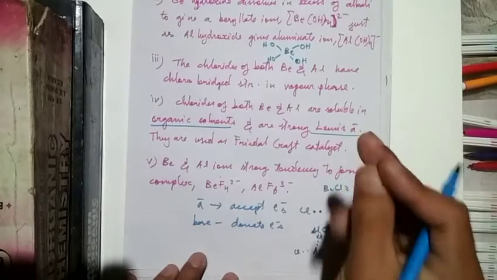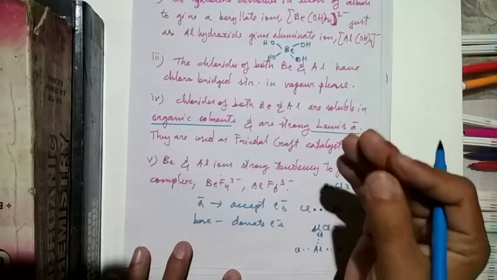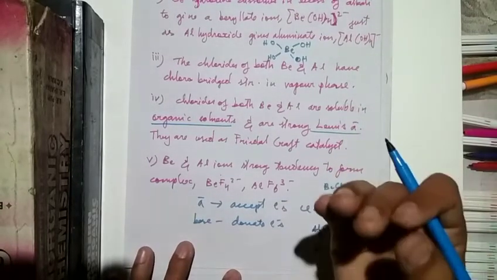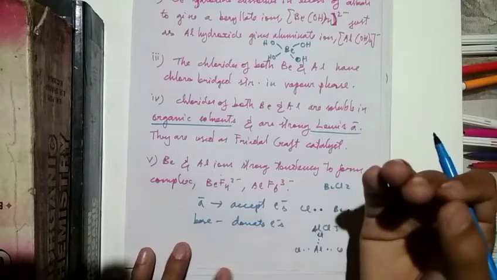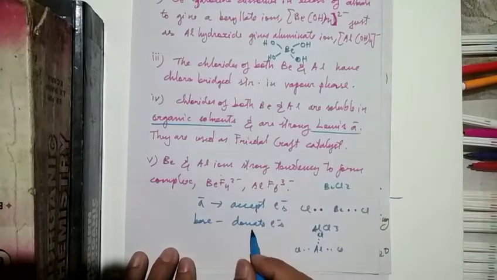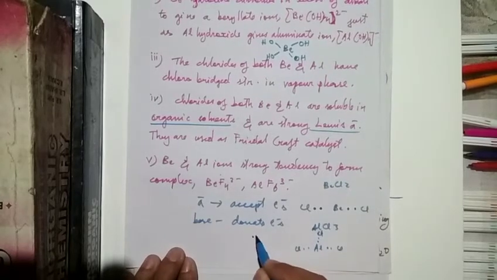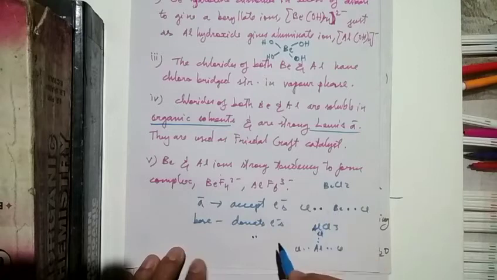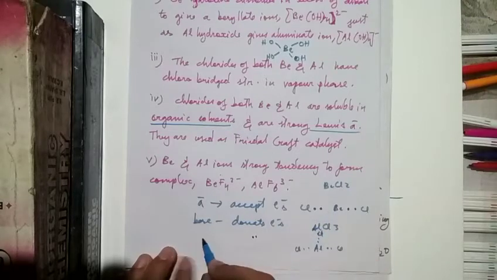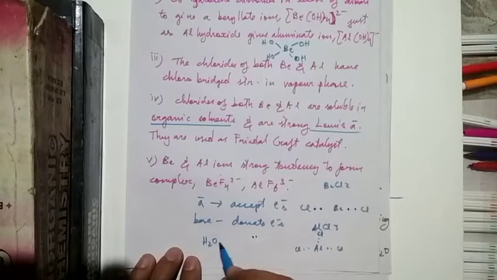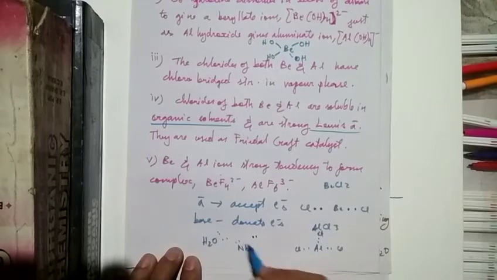Because of this, they are known as Lewis acids. Base means they can donate this lone pair of electrons to these acids. Examples can be water, which has 2 lone pairs, or ammonia having 1 lone pair.